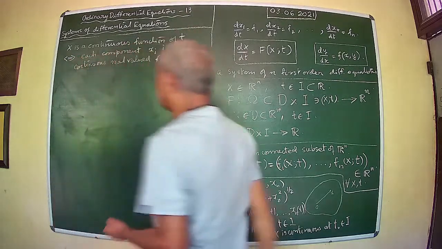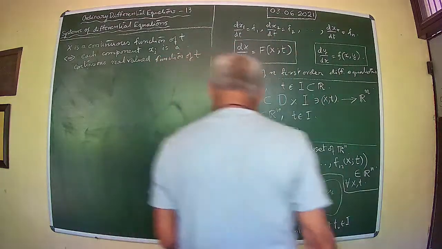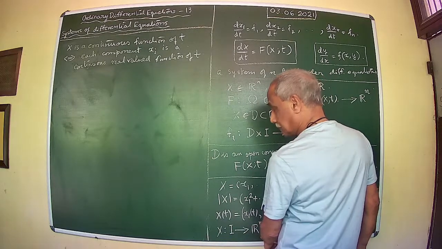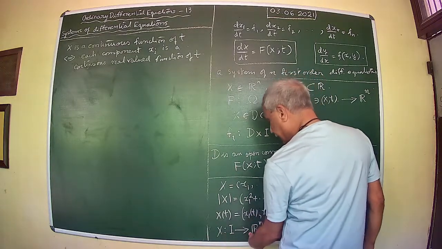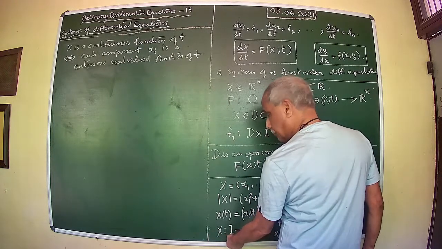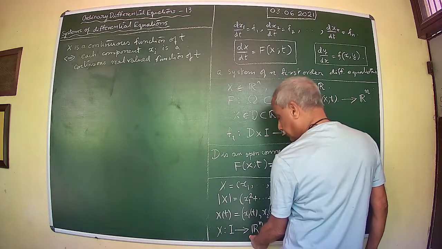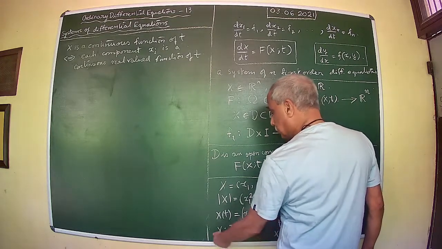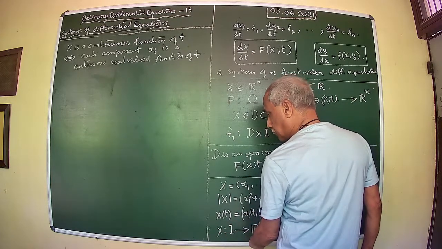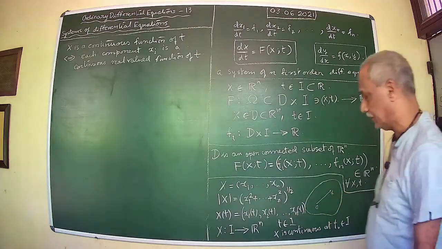So this you try to prove. When you say x is continuous, x is taken as a map from I to Rn, and you have a topology here, you have a topology here. Okay, you have the usual metric here, and here you have a metric. Therefore both are topological spaces. You can talk about mappings from one topological space into another, and then you have the standard definition of continuity, and that's what we take.